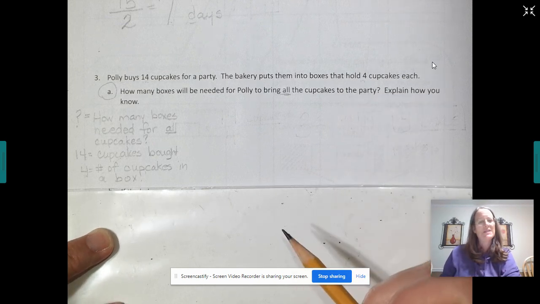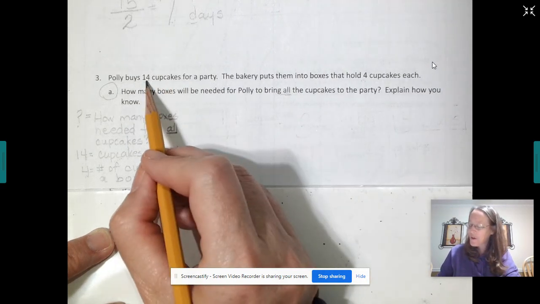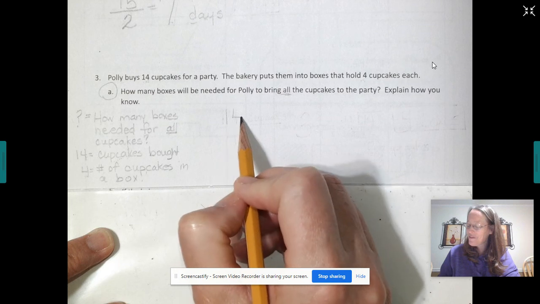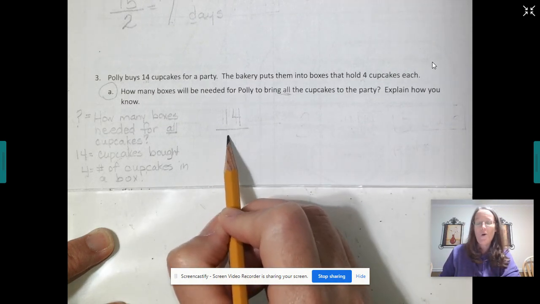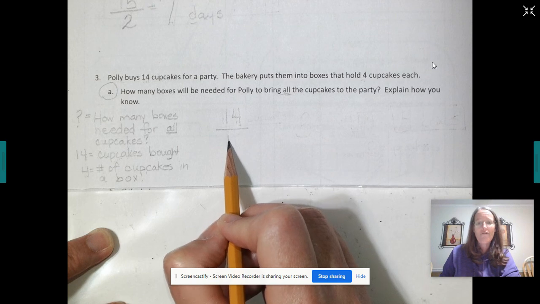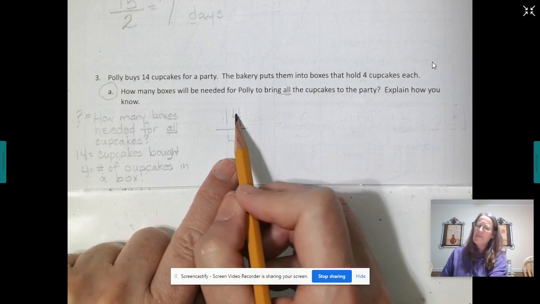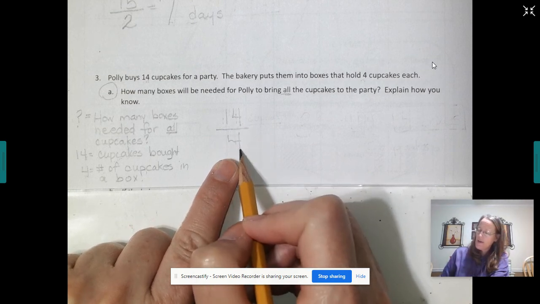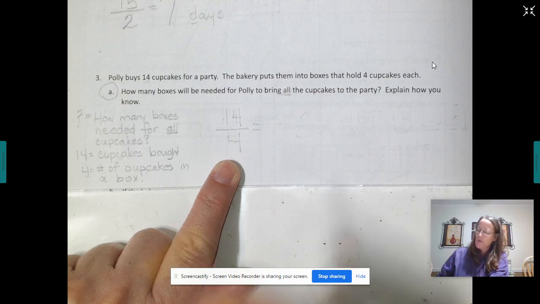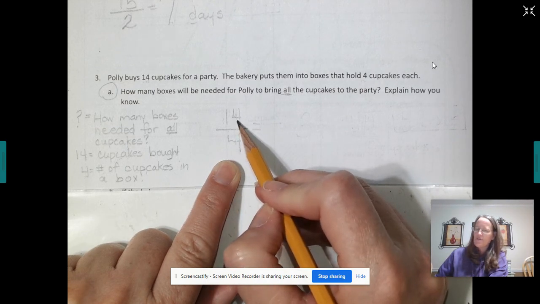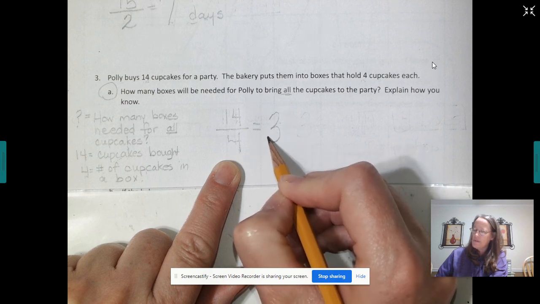What item is being split? The total number of cupcakes. The 14 cupcakes are being split into groups of what? 4. Yeah. So, this is an improper fraction. Let's go ahead and start to change it to a mixed number. 4 goes into 14 3 whole times.